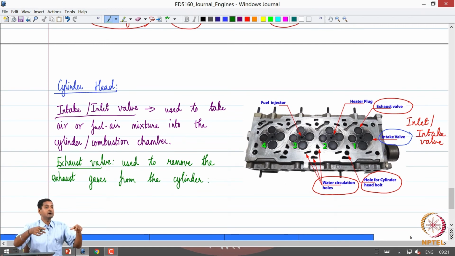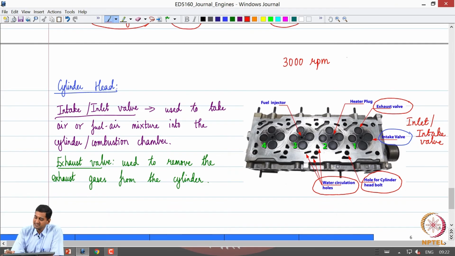So, the intake valve and the exhaust valves along with their actuation mechanisms are assembled in the cylinder head. Okay. So, that is a very important set of components because they need to be controlled very accurately for the proper operation of the cylinder. Okay. So, typically, just to give you a rough idea of how fast these components operate, let us consider a simple example where the crankshaft is rotating at 3000 revolutions per minute.